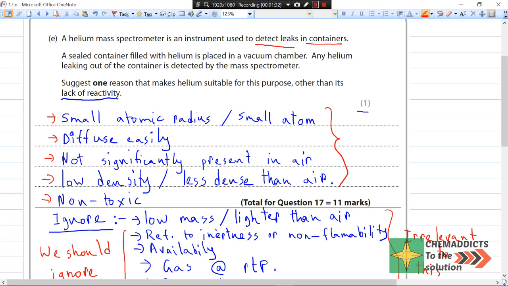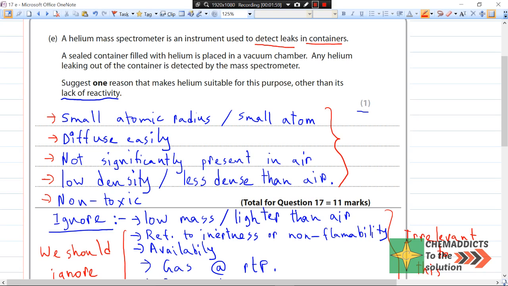Any helium leaking out of the container is detected by the mass spectrometer. So the question is, suggest one reason that makes helium suitable for this purpose other than its lack of reactivity.